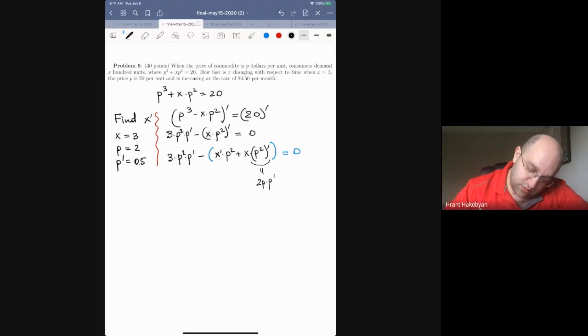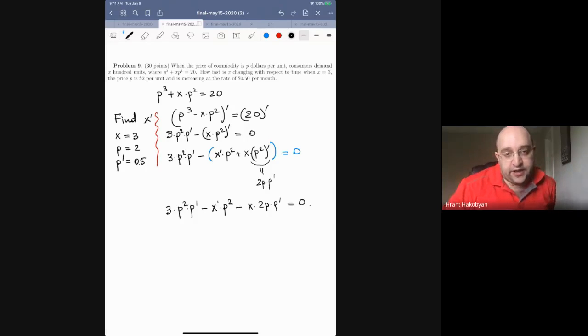So I'm going to write everything down now. It's going to be 3 times p squared times p prime, minus x prime times p squared, minus x times 2p times p prime, equal to 0. Again, I cannot write that x prime is 1.